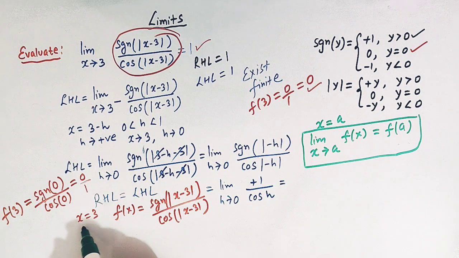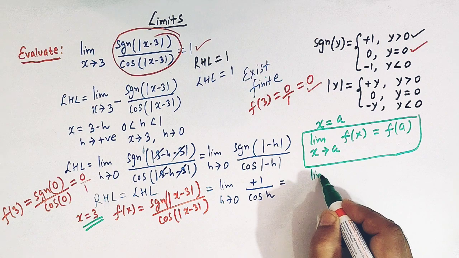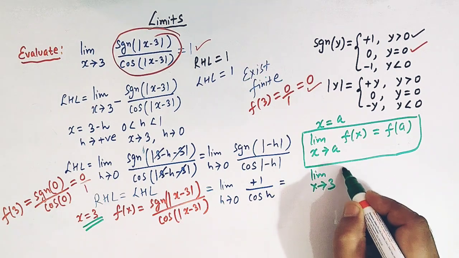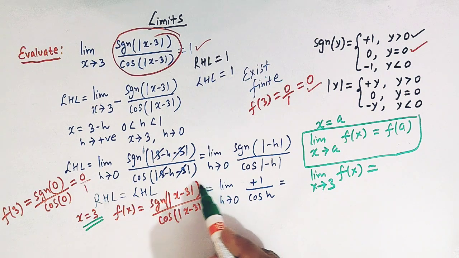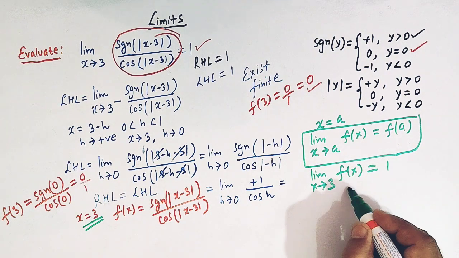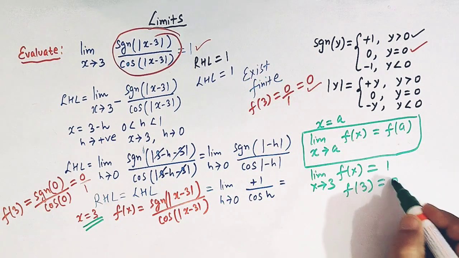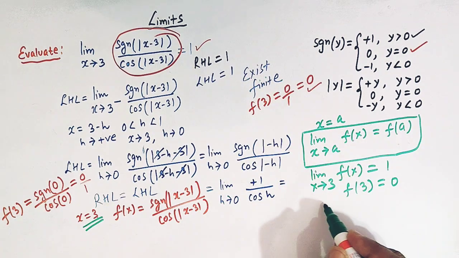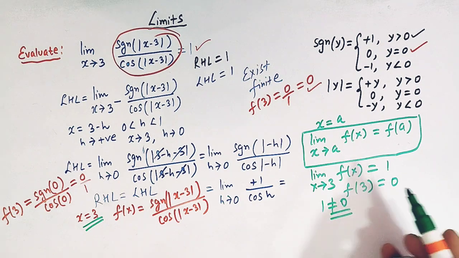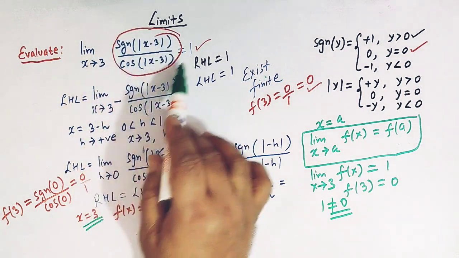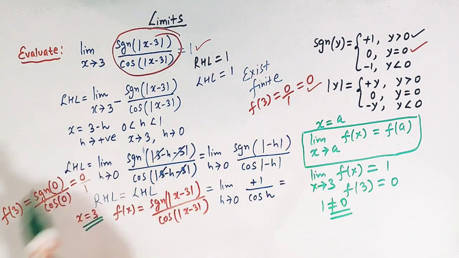So here if we take a as 3, then we see that the limit x tends to 3 of f of x, because f of x is this function, is 1, and f of 3 is equal to 0, right? So these two quantities are not equal, that is 1 is not equal to 0. So we can say that this function is not continuous when x tends to 3.